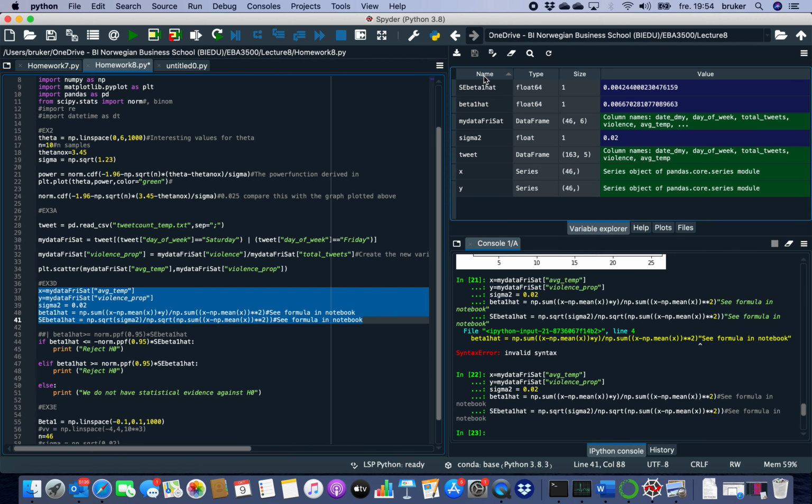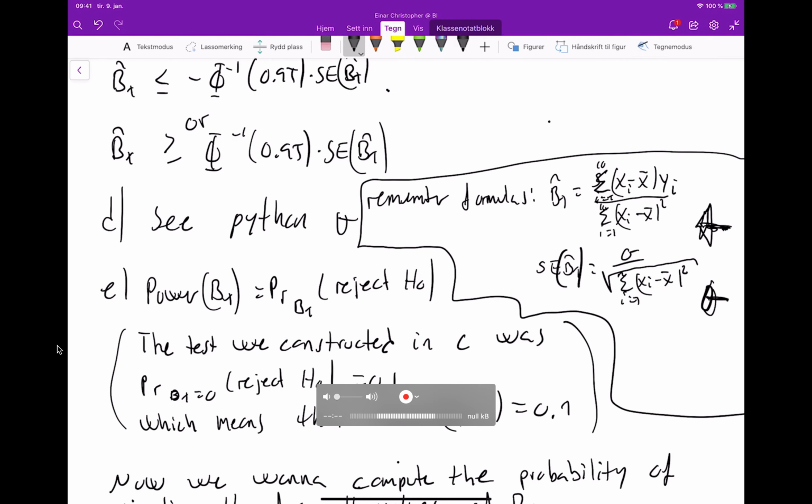We can actually look at them also if we want. Here, 0.04 and beta 1 hat is 0.0, almost 7. Okay. So then we can decide if we are going to reject H0 in our example. We will reject if beta 1 hat is less than this, or beta 1 hat is bigger than this.